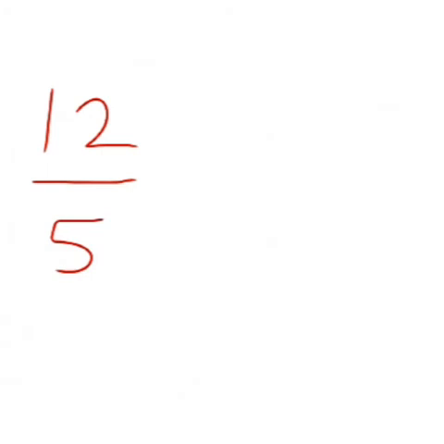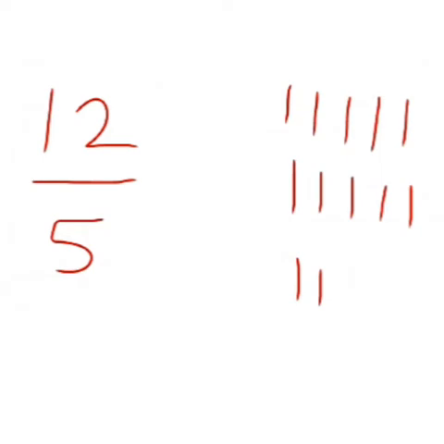Let's try counting that. 1, 2, 3, 4, 5, 6, 7, 8, 9, 10, 11, 12. How many groups of 5s are in 12? 1 group, 2 groups. So the 2 groups makes the whole number. And the remainder there is 2.